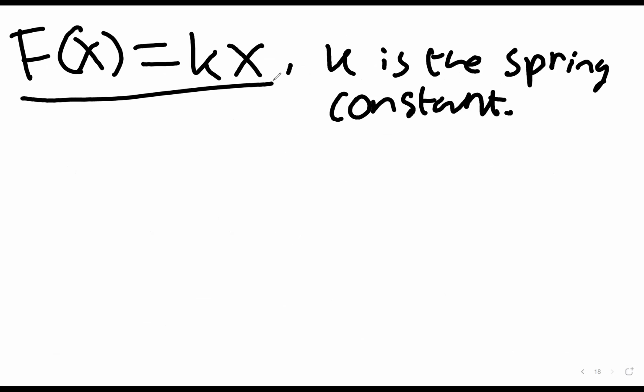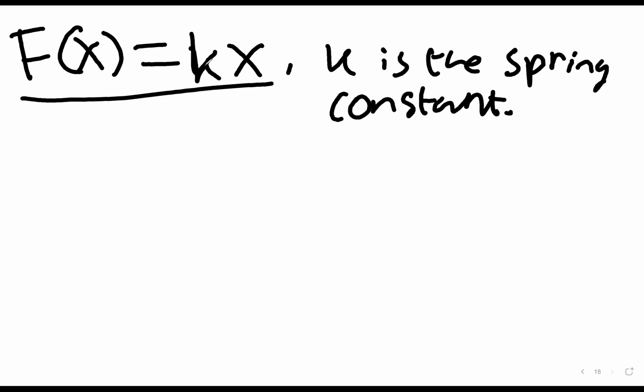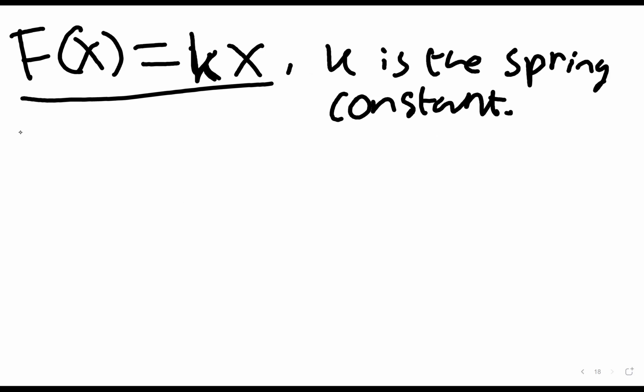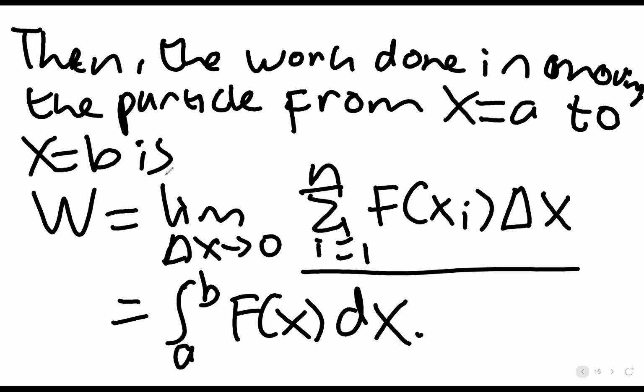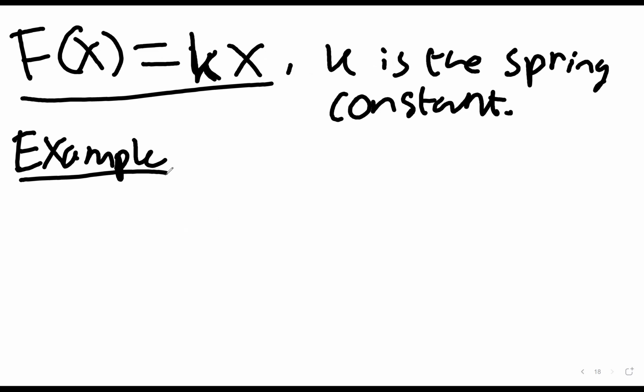Of course, the value of k here depends on the material used in making the spring. So that's the formulation. Now let us consider an example of this problem, where we will calculate the work. The example is as follows.